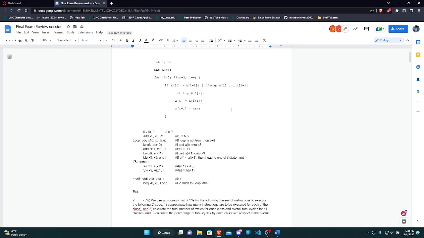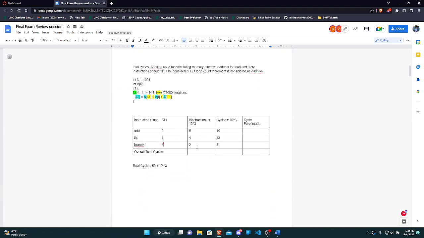So you have this BEQ down here, which goes back to the loop, and this BEQ up here, which checks the case for the loop to see if it's met the case. So you have 2 branches. I see, thank you.